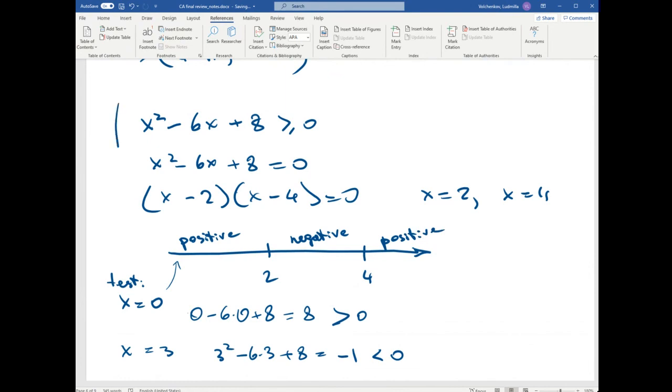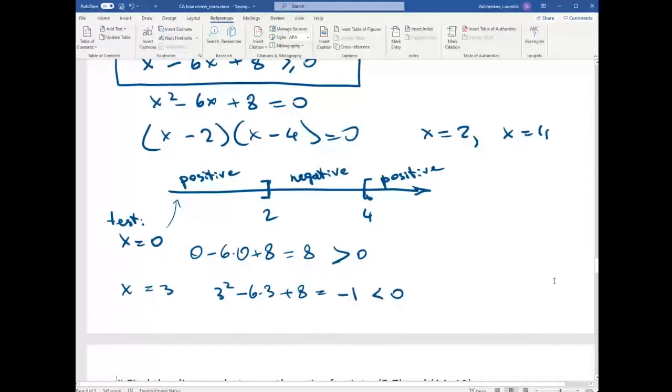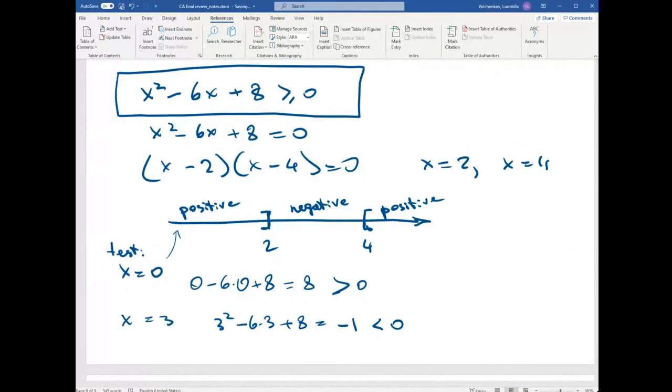So the question is where the polynomial function is greater than or equal to 0. Greater than or equal means we must include boundary points, and the answer will be given with two intervals: from negative infinity to 2 including 2, and from 4 including 4 to positive infinity.